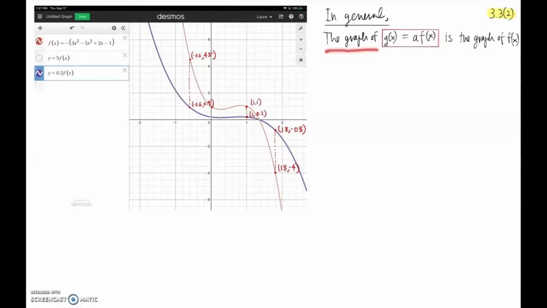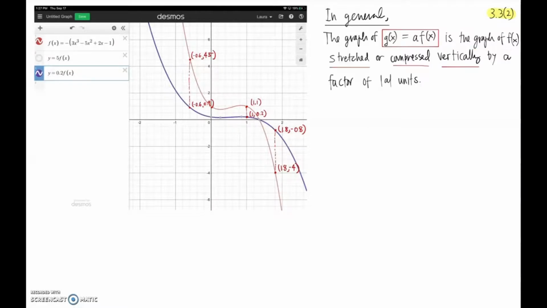So the graph of a new function g of x, but the important thing is some number is getting multiplied by our main function f. So a times f of x is the graph of f of x stretched or compressed vertically. Which one it is will depend on what this number looks like, by a factor of the absolute value of a, because it's possible that this is a negative number.